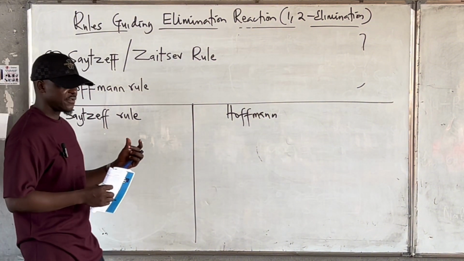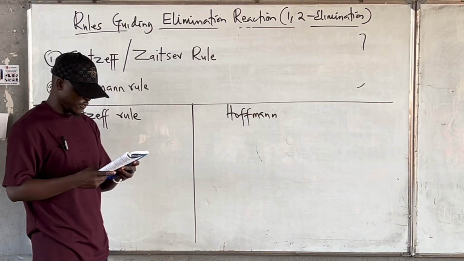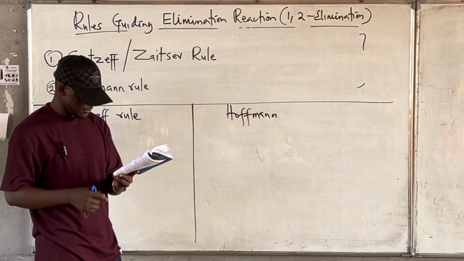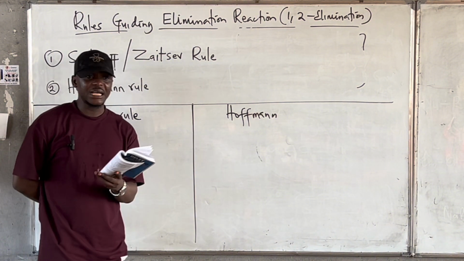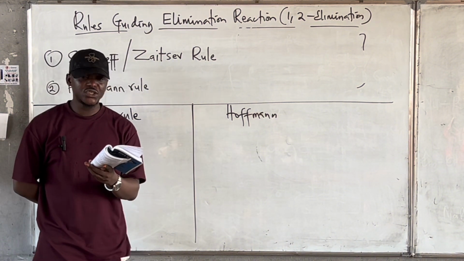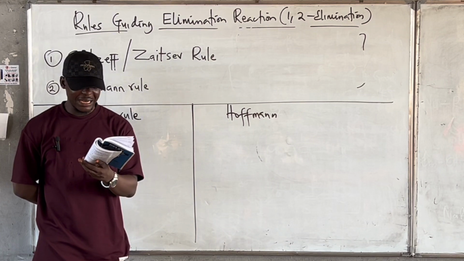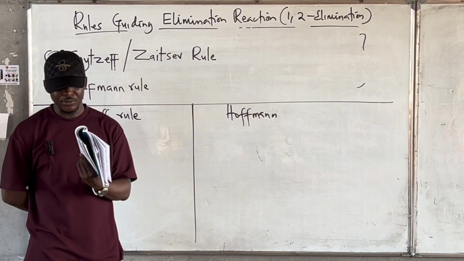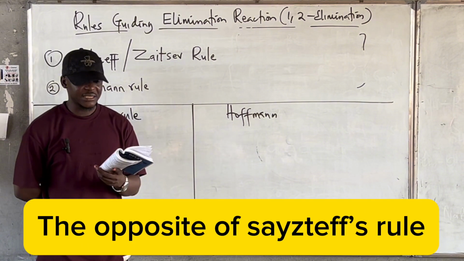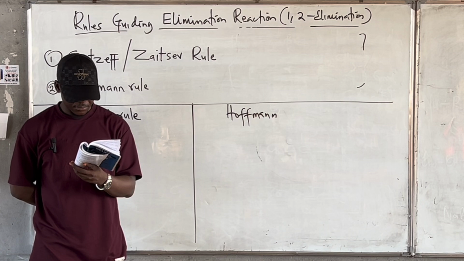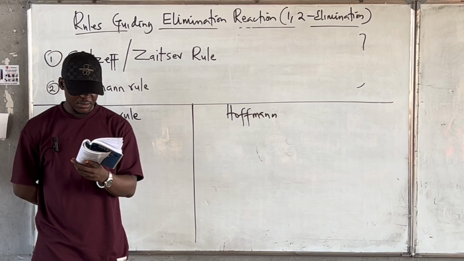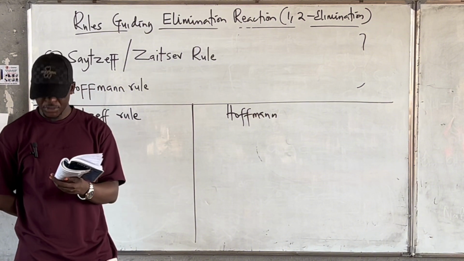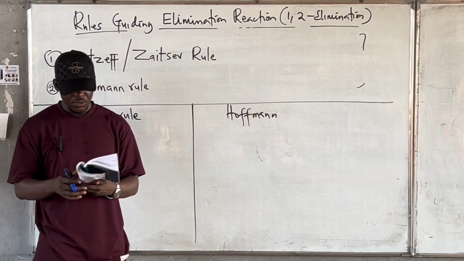Now I just want to take the definitions, after which we're going to take a few examples. Hofmann rule states that during beta elimination, the major product is the alkene that has a lesser number of alkyl groups attached to the double bonded carbons.